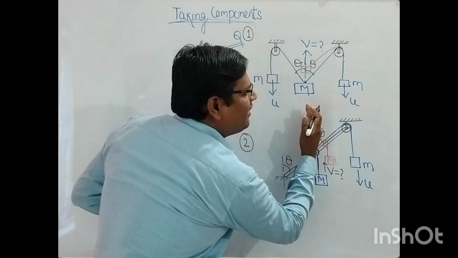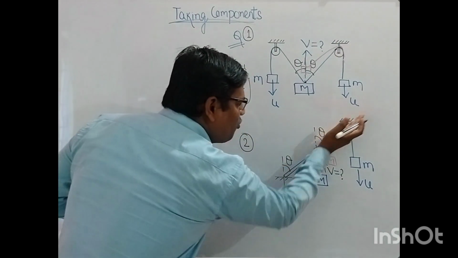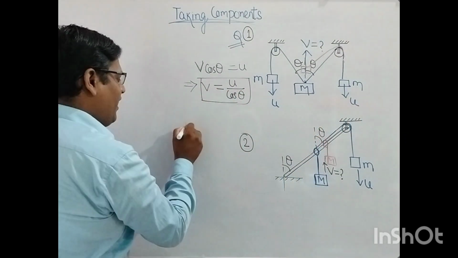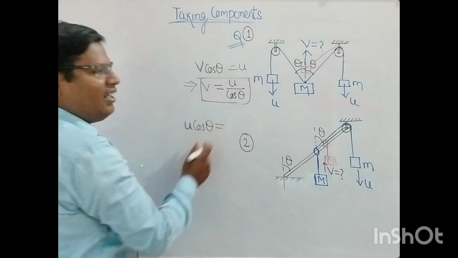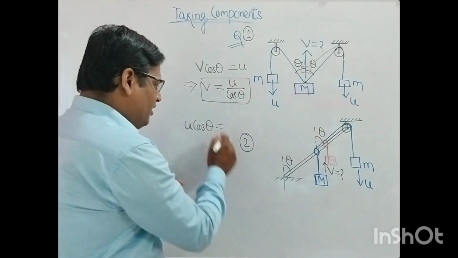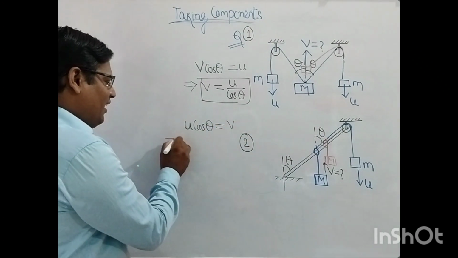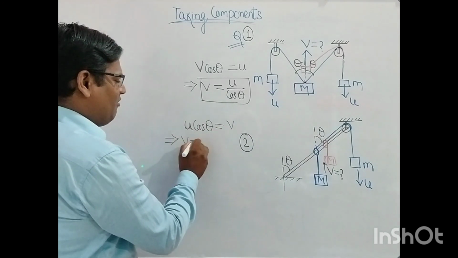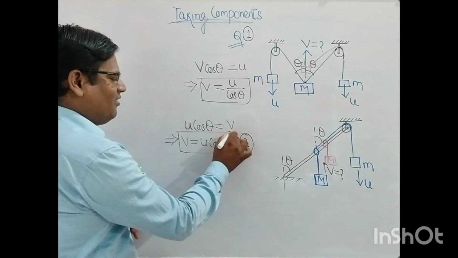Now its component in this direction will be u cos theta. So the component of actual velocity is u cos theta in vertical direction, and because of that effect, it is getting lifted up. So it is equal to v. So now it comes out to be v equal to u cos theta.